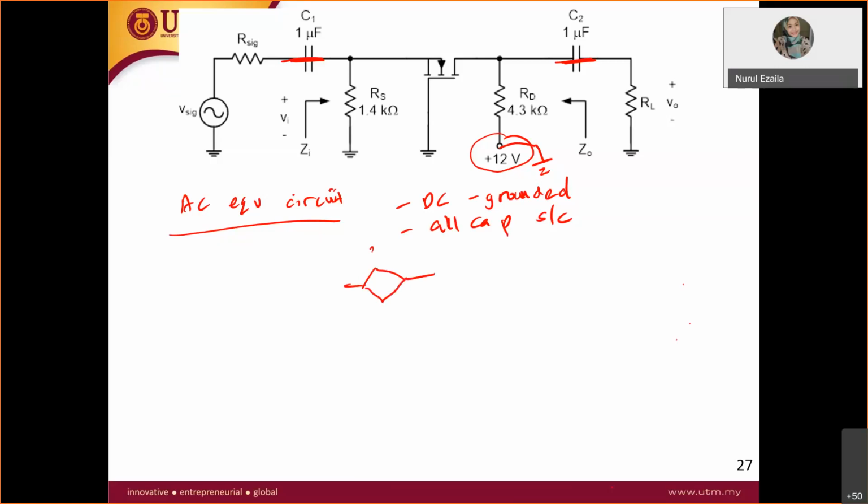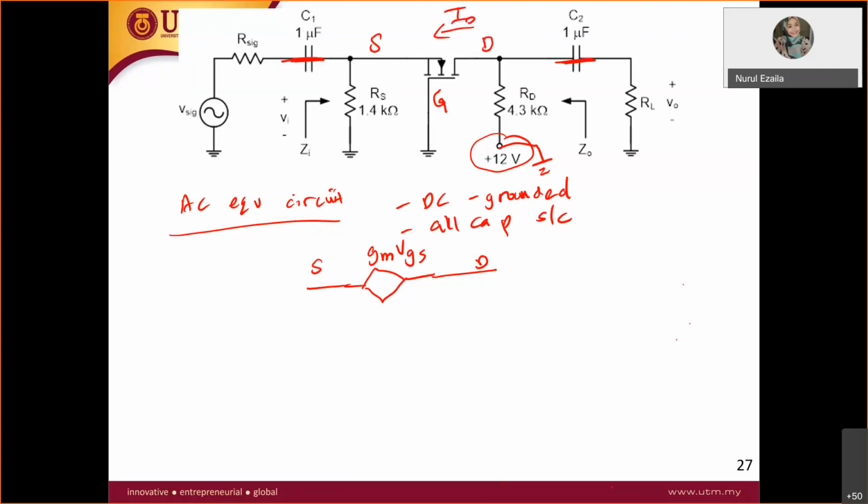This is your GMVGS, and this is your source, this is your drain. Now the current is from drain to the source. So this is your drain, this is your source, this is your gate. Remember for N channel, current ID is going from drain to the source.